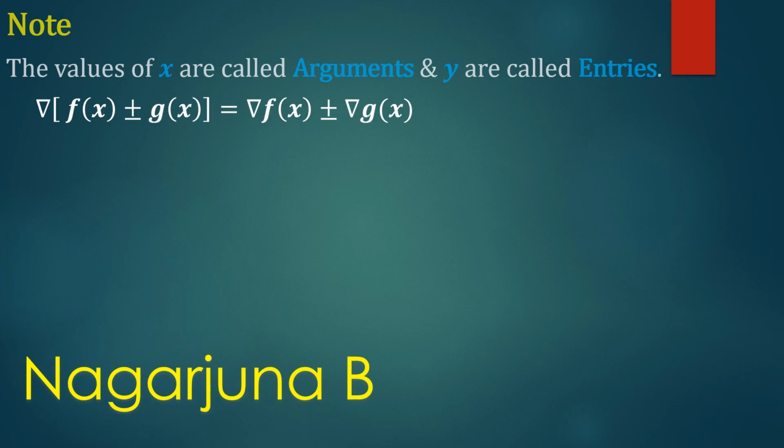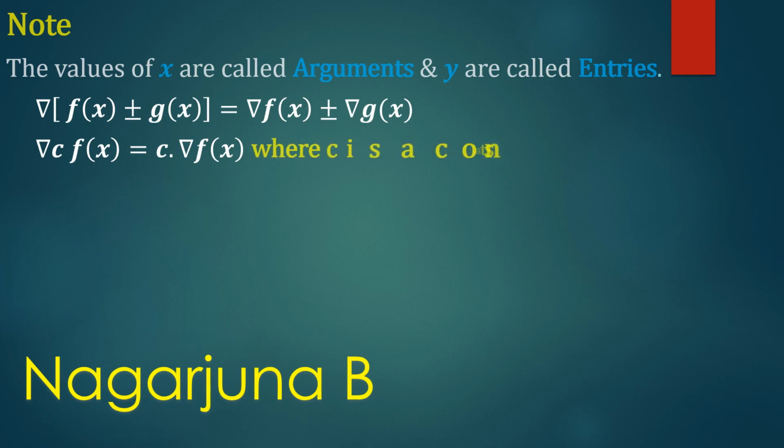The next point to be remembered is del of c into f of x is equal to c into del f of x, where c is a constant. c is a constant, it has to be taken outside, and then the operator has to be applied only to f of x.